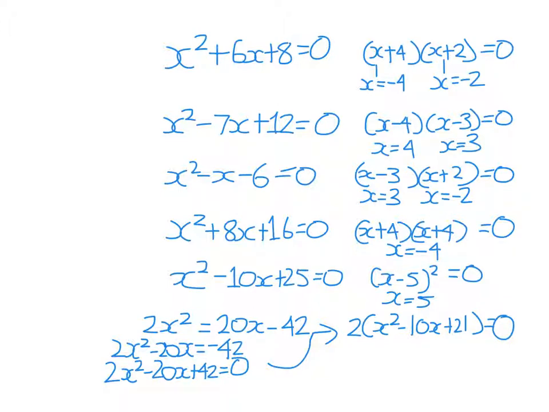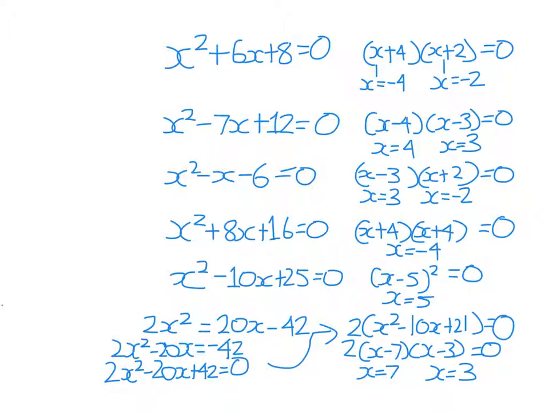Two numbers that multiply to 21 and add to negative 10 will be negative 7 and negative 3. So once again, the 2 will not affect the solution. Either this will equal 0, x minus 7 equals 0, which means x equals 7, or this will equal 0. If x minus 3 equals 0, then we get x equals 3, and we are done.